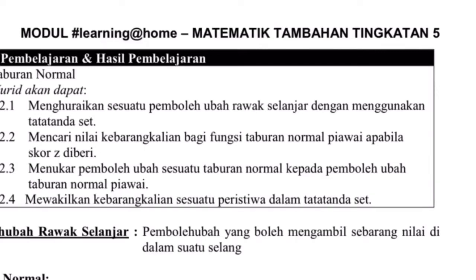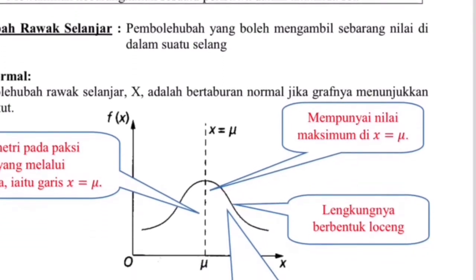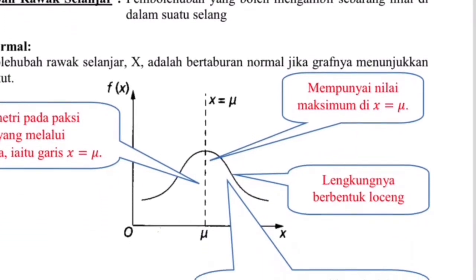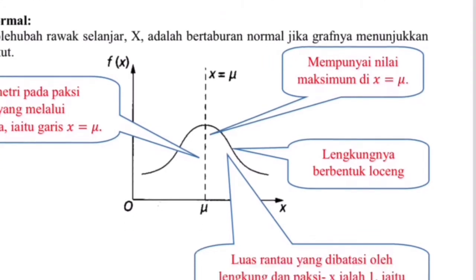The x is the normal distribution variable, and the z-score is the standard normal distribution variable. For the normal distribution variable, we have one called the normal one, which we call x, and then we have one more, the standard one.